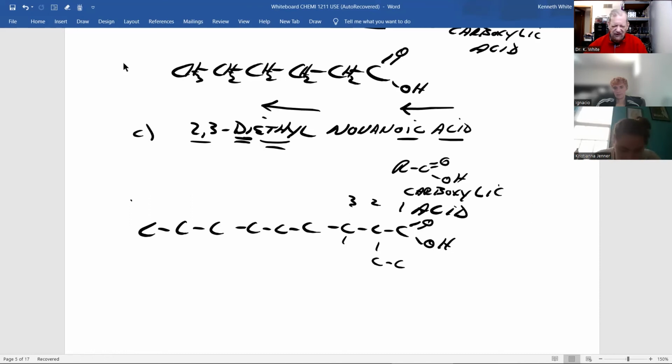I'll move it this way so I have enough room to write it. And now I know there are 4 bonds to carbon, so you get to watch me put in all the hydrogens.